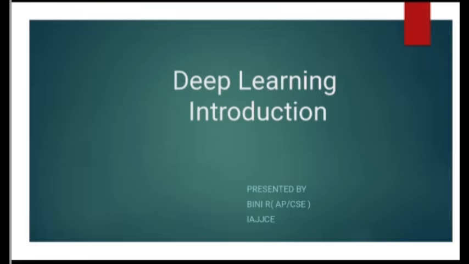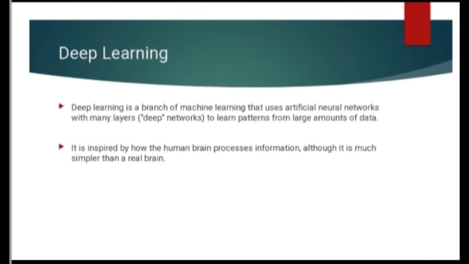Today, we will discuss one of the most important technologies behind modern artificial intelligence, known as deep learning. So what is deep learning? Deep learning is a branch of machine learning that uses artificial neural networks with many layers to learn patterns from large amounts of data.